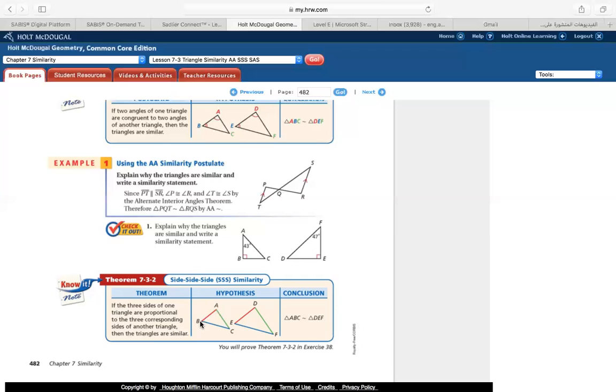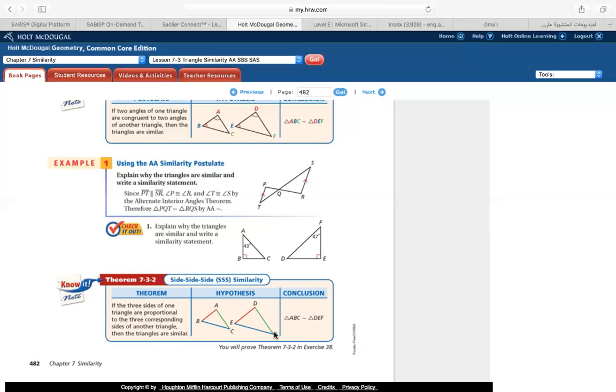Like AB over DE equals a ratio. It is the same as AC over DF. It is equal to the same ratio of BC over EF.